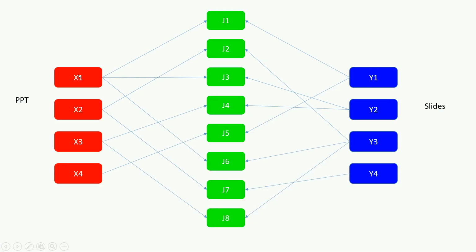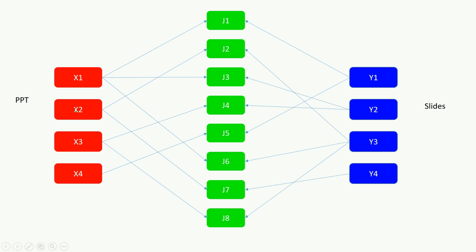So x1 is related to y1, y2 and y3. So x1 has 3 children, as well as y3 is related to x3, x1 and x2.